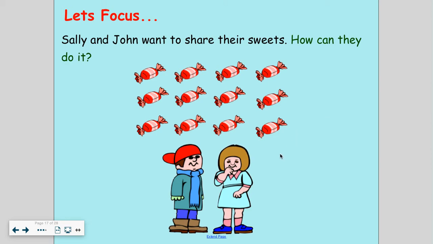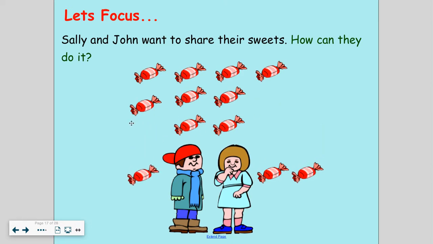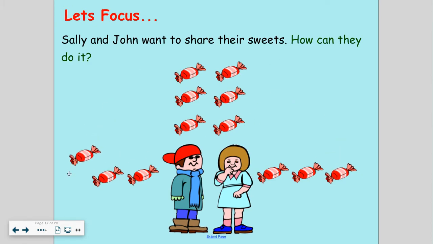One way I could do this is to give 1 sweet to Sally, then 1 sweet to John, 1 sweet to Sally, 1 sweet to John until I run out. 1 for Sally, 1 for John. 1 for Sally, 1 more for John. Let's keep going.